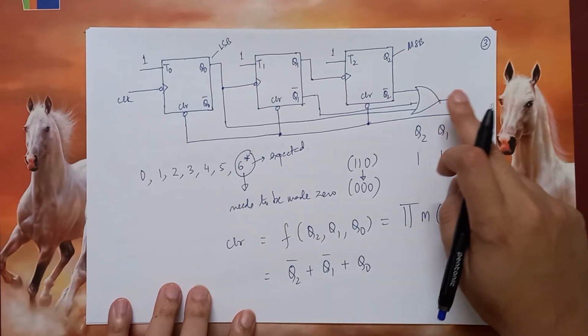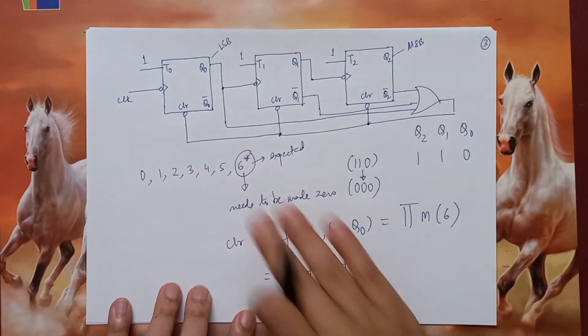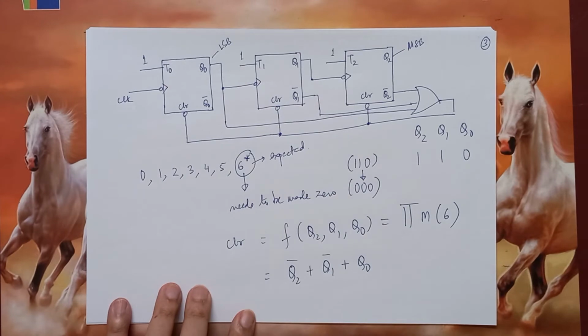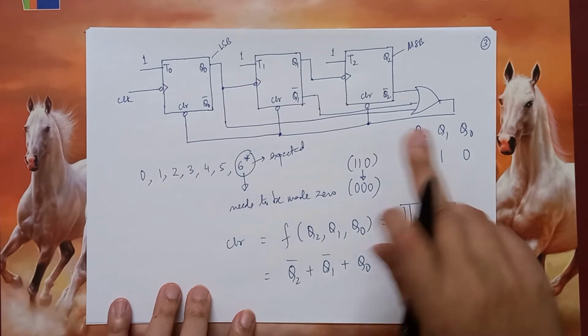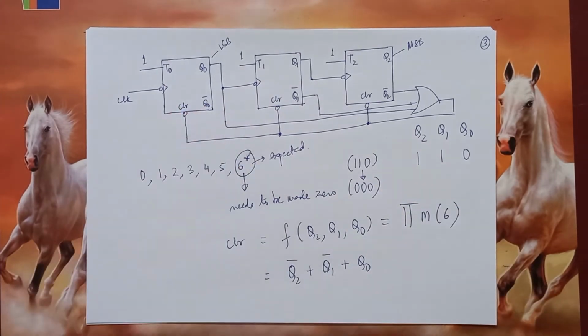Then the clear will no longer get a 0 and the normal counting sequence can continue. So this is the way you can use clear to forcibly make the output state of each flip-flop a 0. Likewise, you can also use the presets to force the outputs to 1. Is that fine?